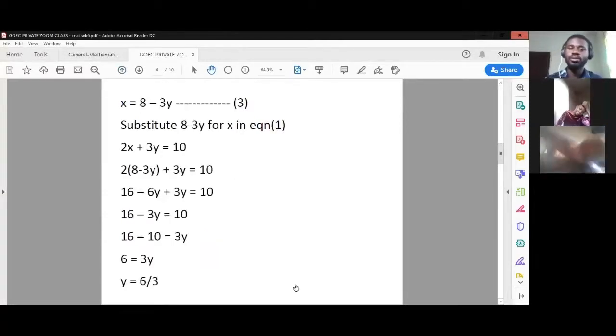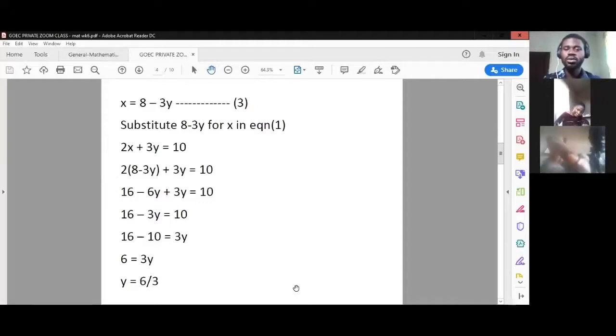Step 3: label it as a new equation. Are you following the steps now? Is it getting clearer to you? Yes, sir. Okay, good. Label it as a new equation. Then step 4.